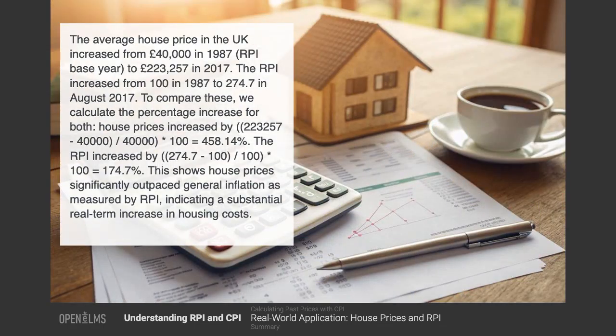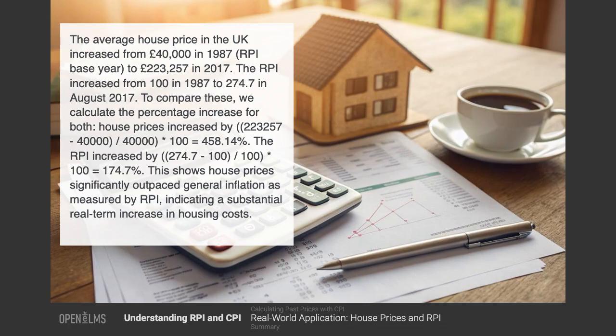The average house price in the UK increased from £40,000 in 1987, the RPI base year, to £223,257 in 2017. The RPI increased from 100 in 1987 to 274.7 in August 2017. To compare these, we calculate the percentage increase for both.